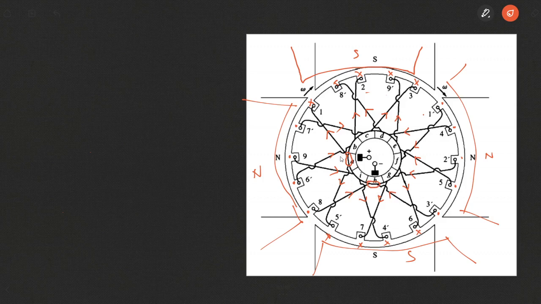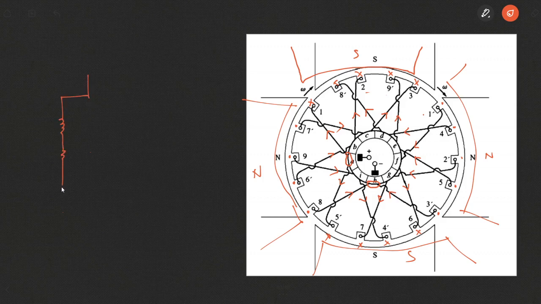So in case of a wave wound DC machine, what you have seen, there are only two commutator segments even for a 4-pole machine, where the direction of current is in at one commutator end and out at another commutator end. That means only two parallel paths for current are produced in this case.